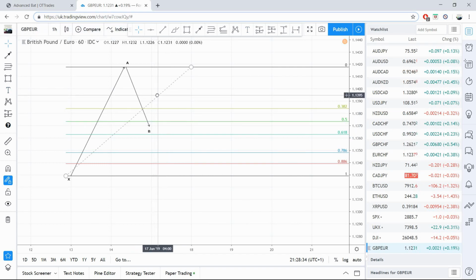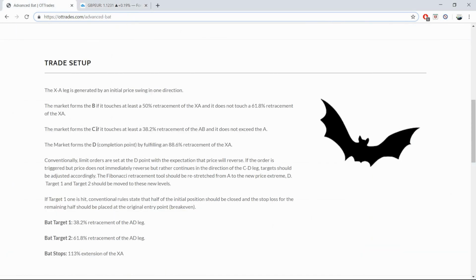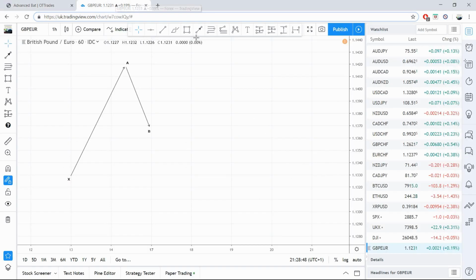The next point is obviously our C point. So I hope that was clear to you guys. The market forms a C point if it touches at least a 382 retracement of the A to B leg and does not exceed A, or 100%.